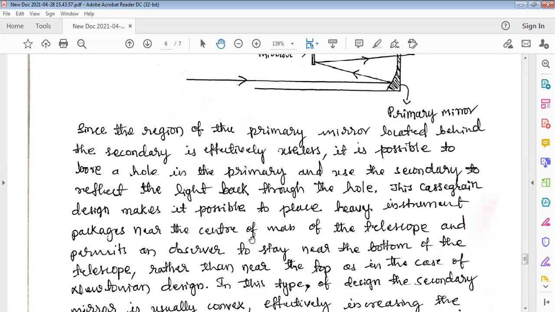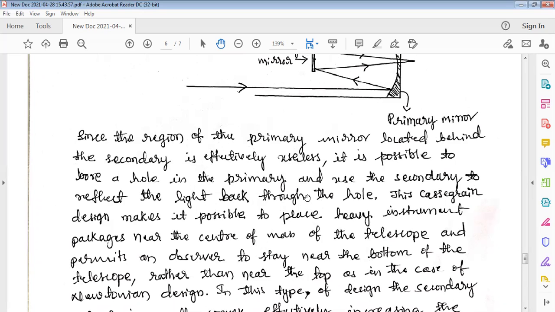This Cassegrain design makes it possible to place heavy instrument packages near the center of mass of the telescope and permits an observer to stay near the bottom of the telescope rather than the top, as in the case of the Newtonian design.